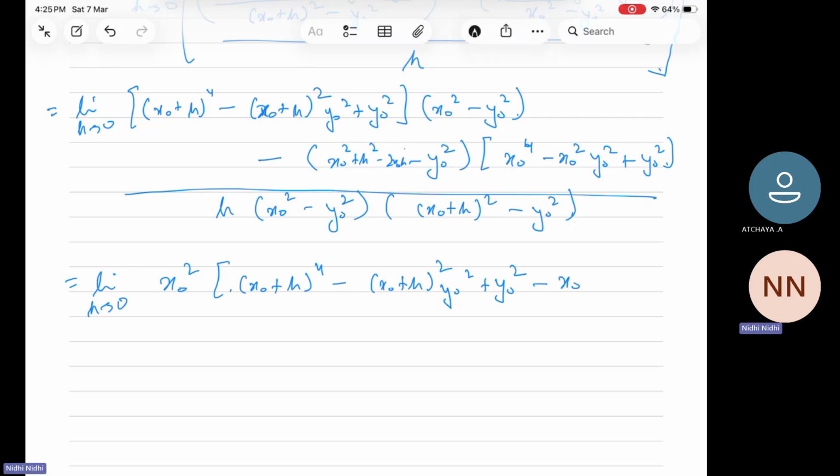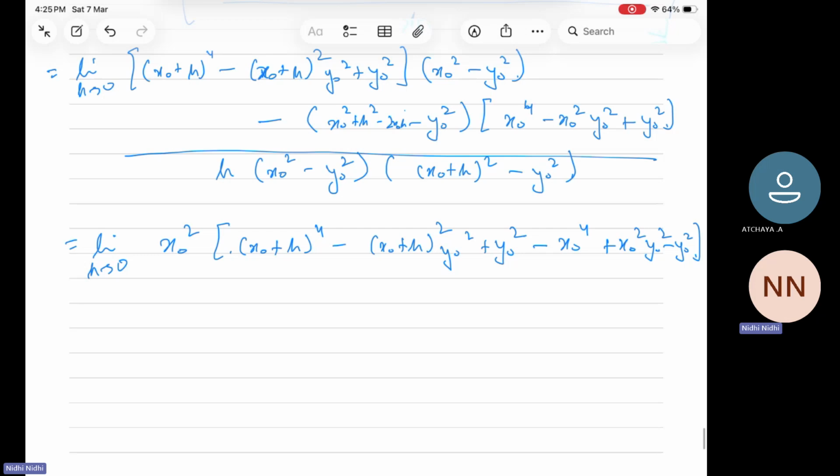Minus x naught power 4 plus x naught square y naught square minus y naught square. Then taking y naught square common, we will have minus (x naught plus h) to the power 4 plus (x naught plus h) square y naught square minus y naught square plus x naught power 4 minus x naught square y naught square plus y naught square.